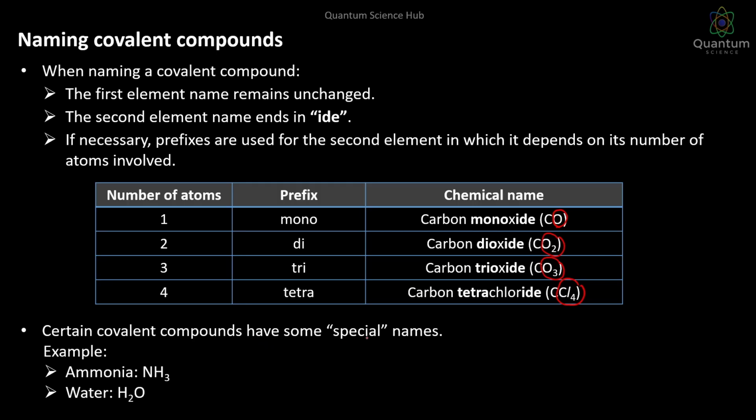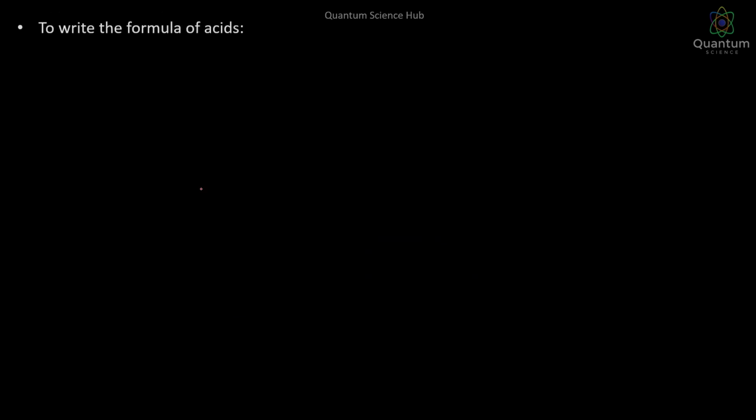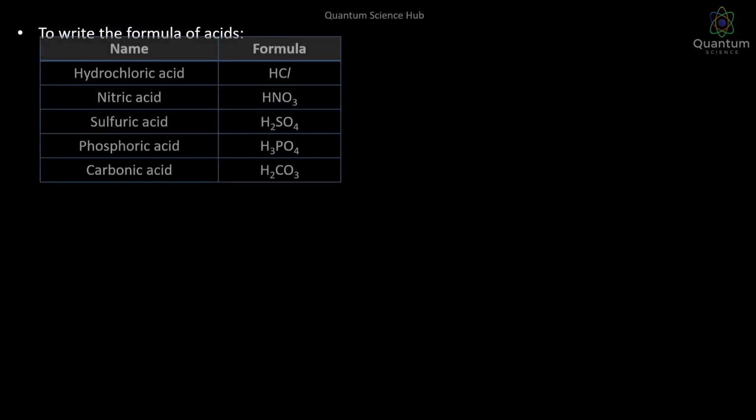For example, ammonia is NH3 and water is H2O. So this is an exception, and you have to really remember the chemical name and the chemical formula only for the special cases like this. Okay? Next, to write the formula of acids, you have to follow some rules like this table.